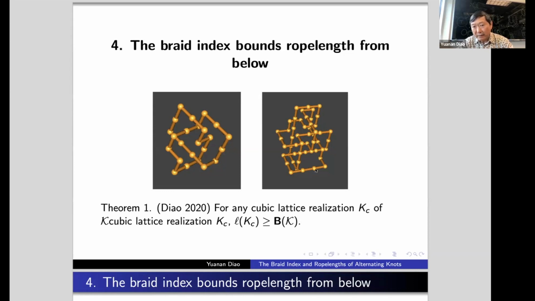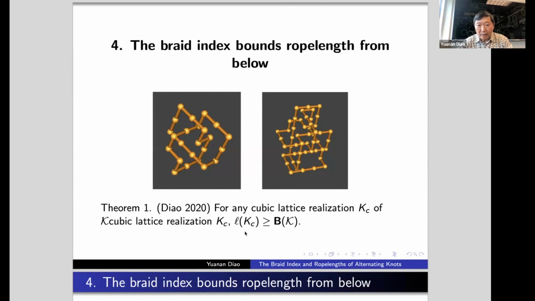And the right side is a more complicated one. It's an 8 crossing knot. Maybe I think it's 8_15. It's hard to tell, right? But you can realize your knot on the cubic lattice. The advantage of doing so is that on the cubic lattice, you can actually compute the length easily, right? You can count the number of steps, the segments you use.